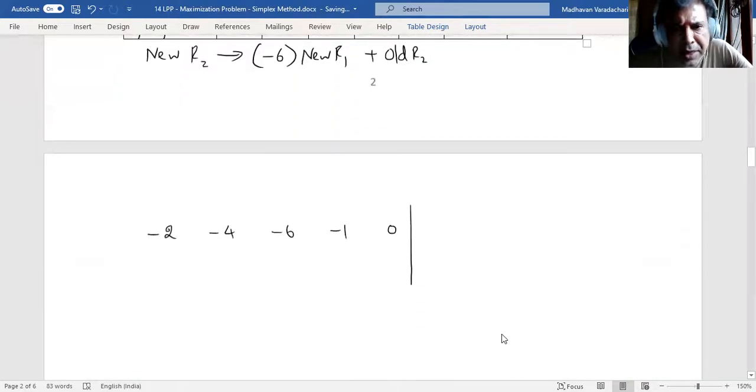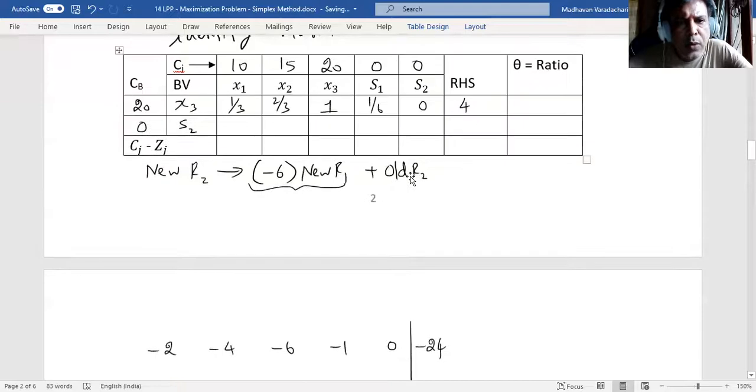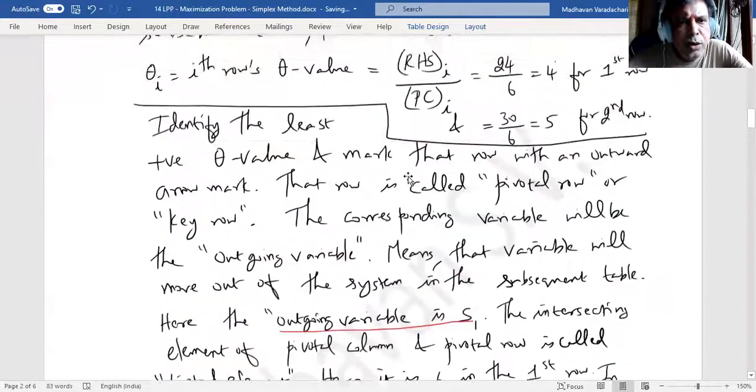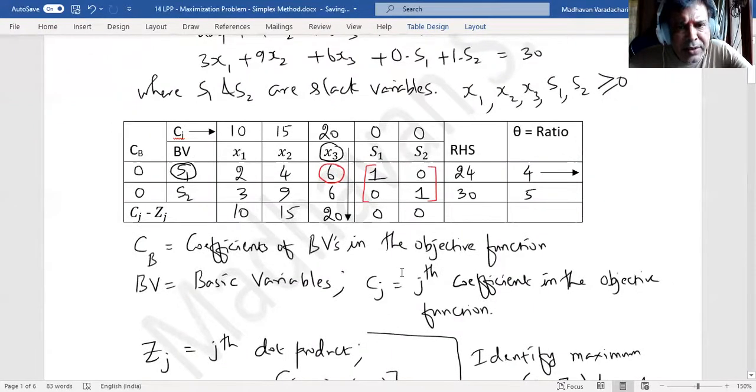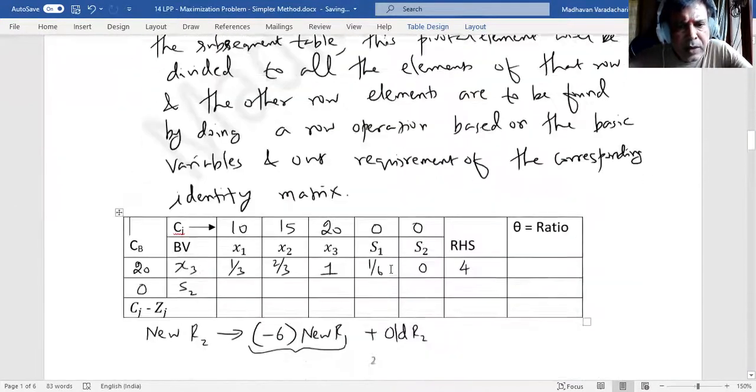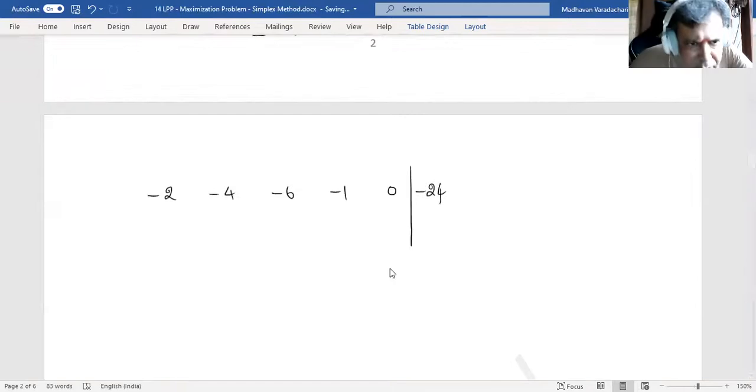So it is -24. Now, what did we do? We did -6 into new row 1. Now, this is to be added with the old row 2. What are the old row 2 elements? Let us go back and capture those. 3, 9, 6, 0, 1.